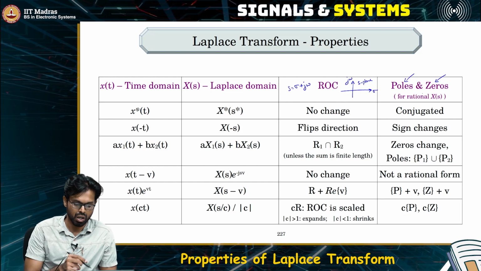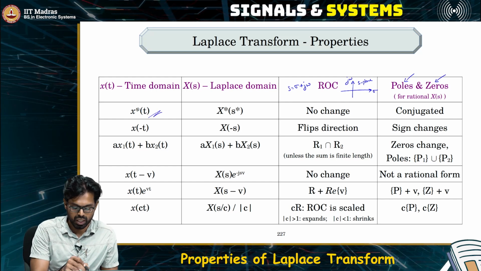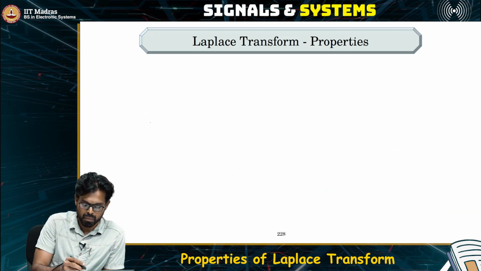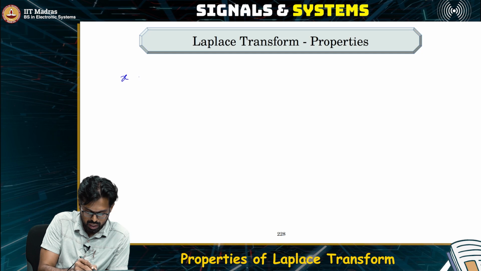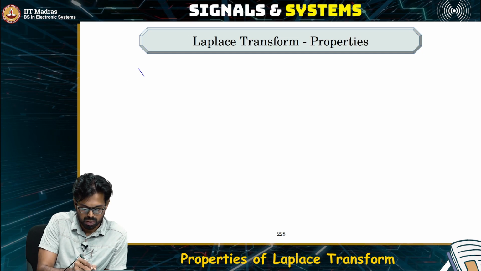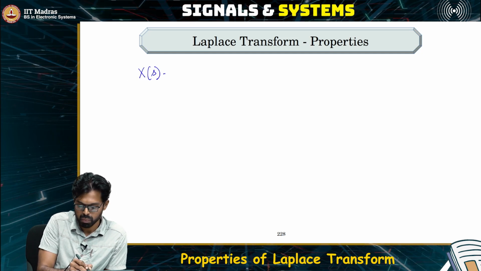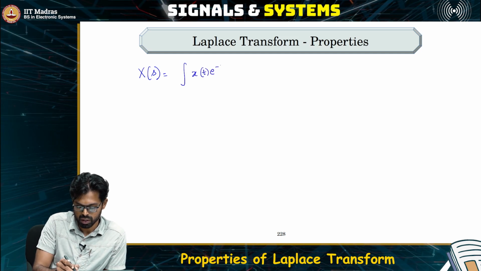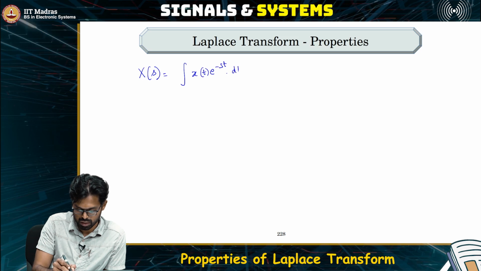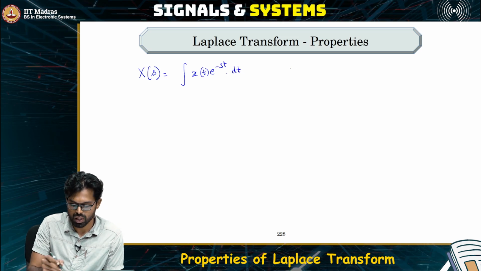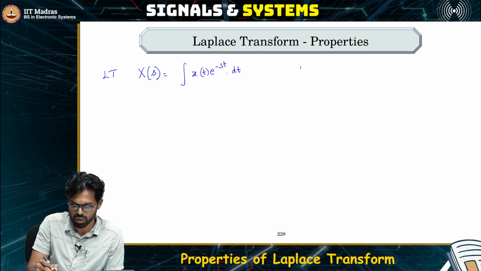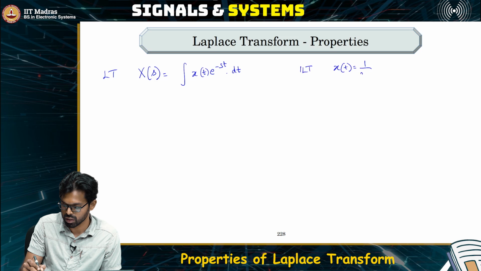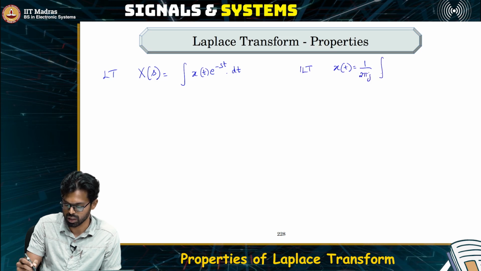is conjugation. So what happens when you conjugate in the time domain? How does the Laplace transform change? We know that the Laplace transform is computed in this fashion: integral of x of t e power minus st dt, and the inverse Laplace transform is computed as 1 by 2 pi j integral.